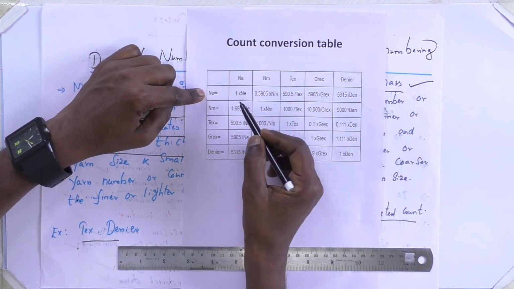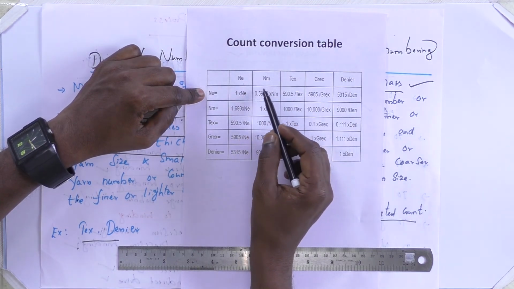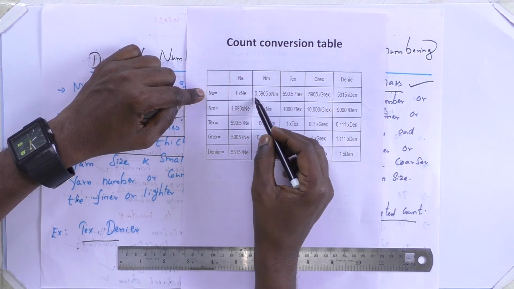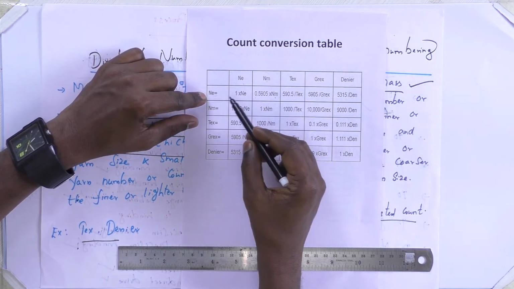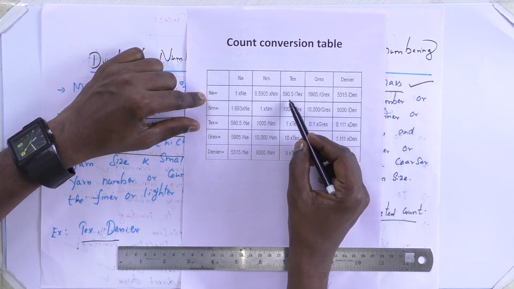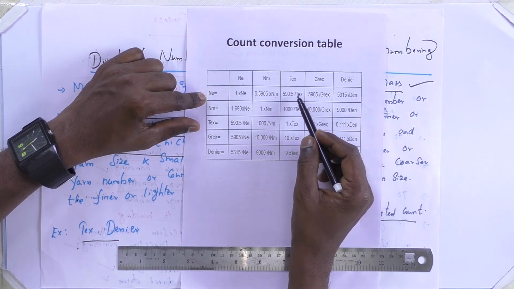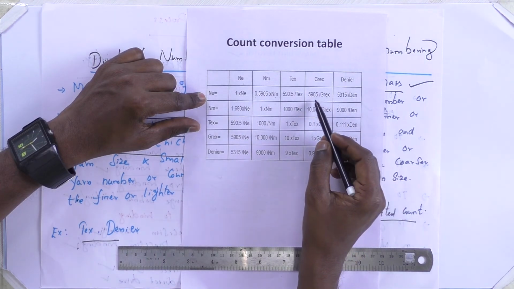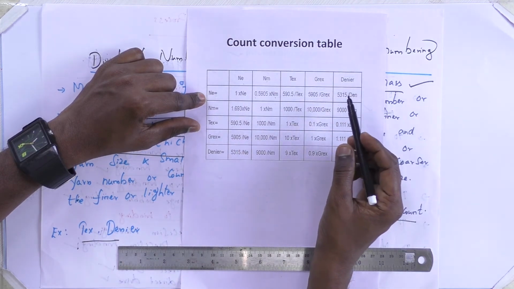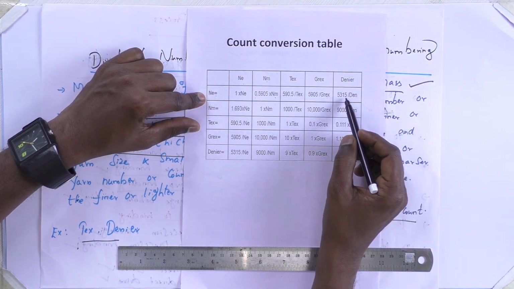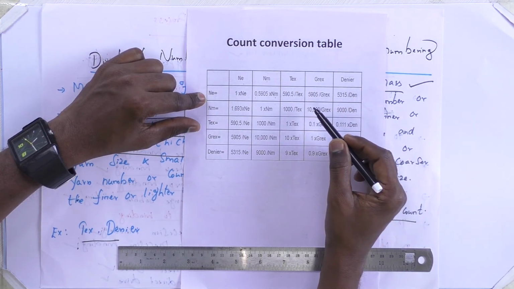So NE to NE is 1 into NE gives NE, and metric to English count, 0.5905 into metric, you can get the value in English count, or 590.5 divided by Tex gives the value of NE count, or 5905 divided by Greg's gives you the count in English count, or 5315 divided by Denier will give you the count in English.